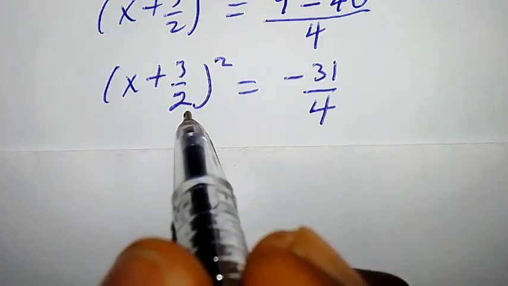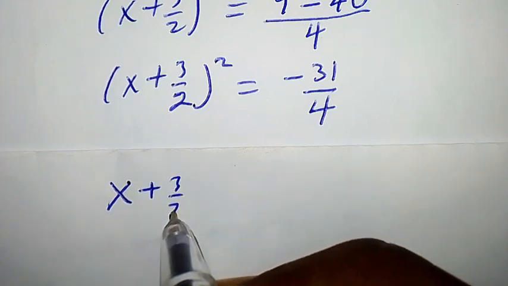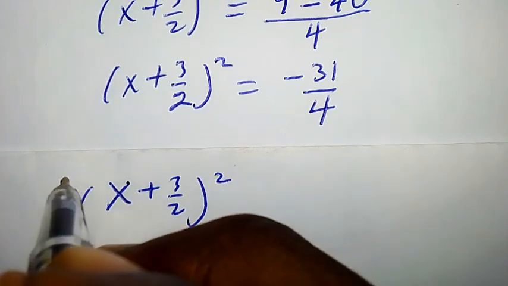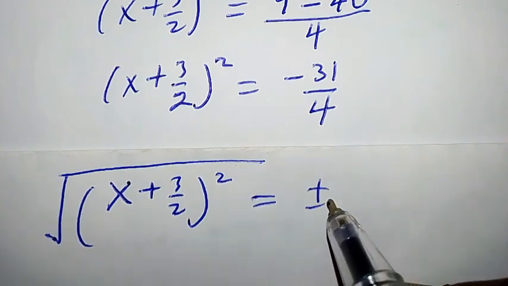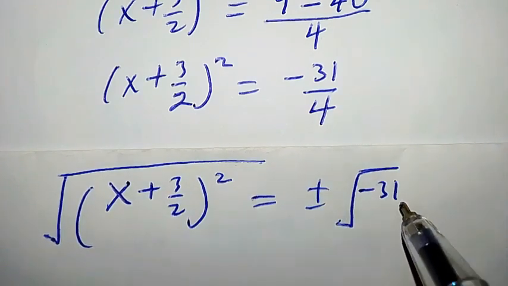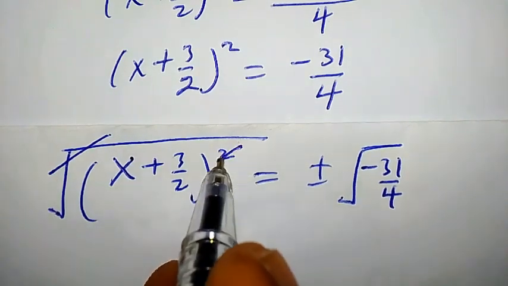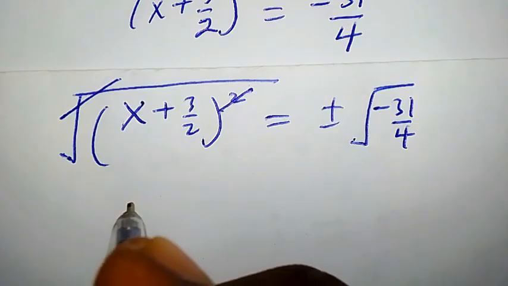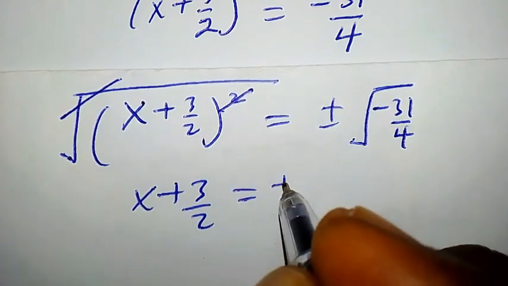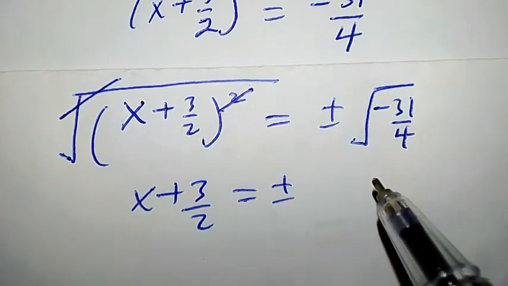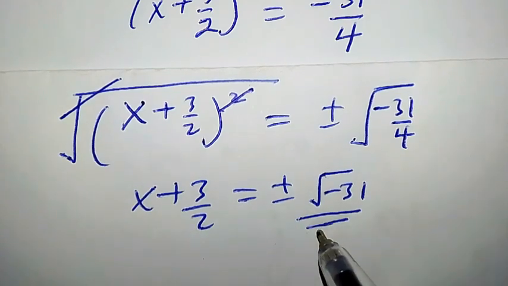Taking the square root of both sides, we have (x plus 3 over 2) all squared. So we're going to take the square root, equal to plus or minus the square root of negative 31 over 4. Clearly, the square and the square root cancel each other. So we are left with x plus 3 over 2 equal to plus or minus the square root of negative 31 over the square root of 4.